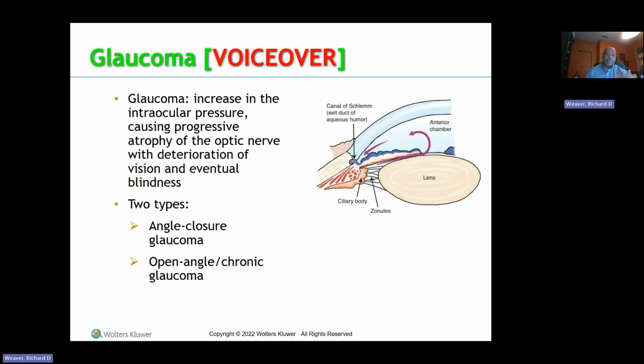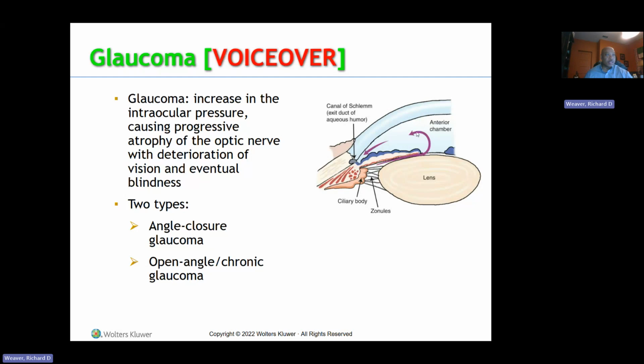So again, this excess fluid normally drains out through a complex network, what we refer to as the canal of Schlemm. This is the canal of Schlemm over here. The ciliary body is what produces the aqueous humor, and then it drains.